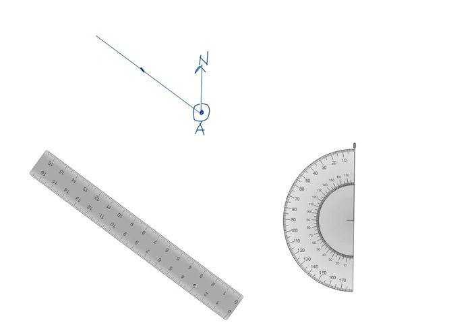So we pick the compass, we place it at town A. Along this line we adjust to measure 5.3, which will represent 53 kilometers.